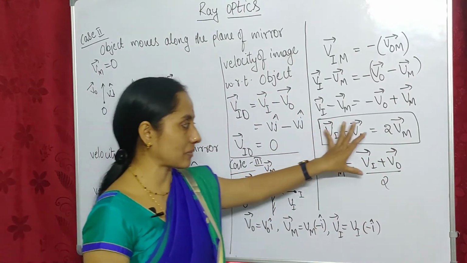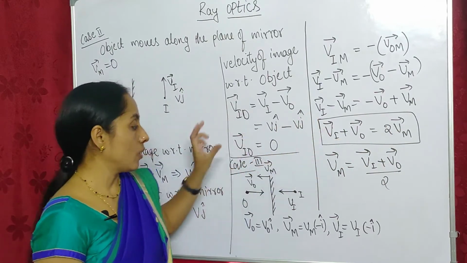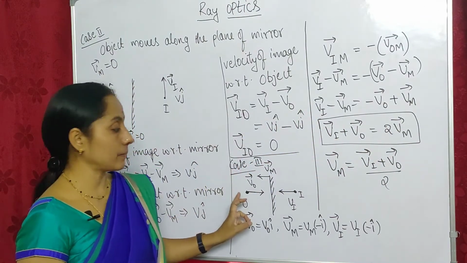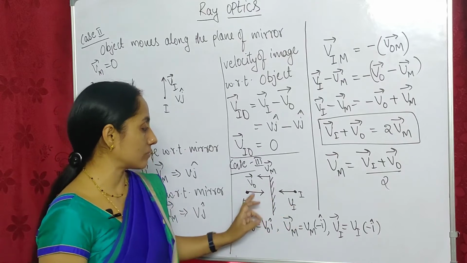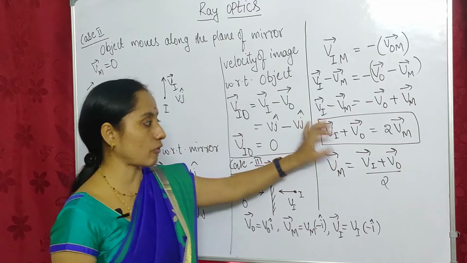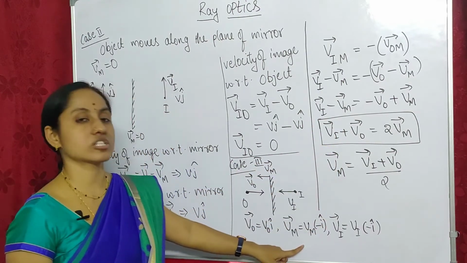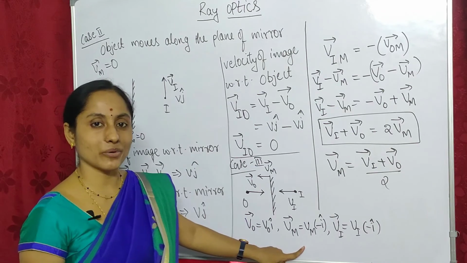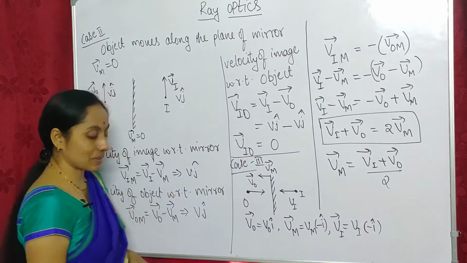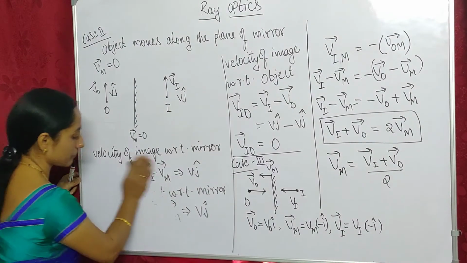So children, please remember, this is the most important formula you have to use while solving problems where all three are moving: object, image and mirror. In this formula you have to substitute these values. I hope you understood. Don't worry, we'll take some example problems.